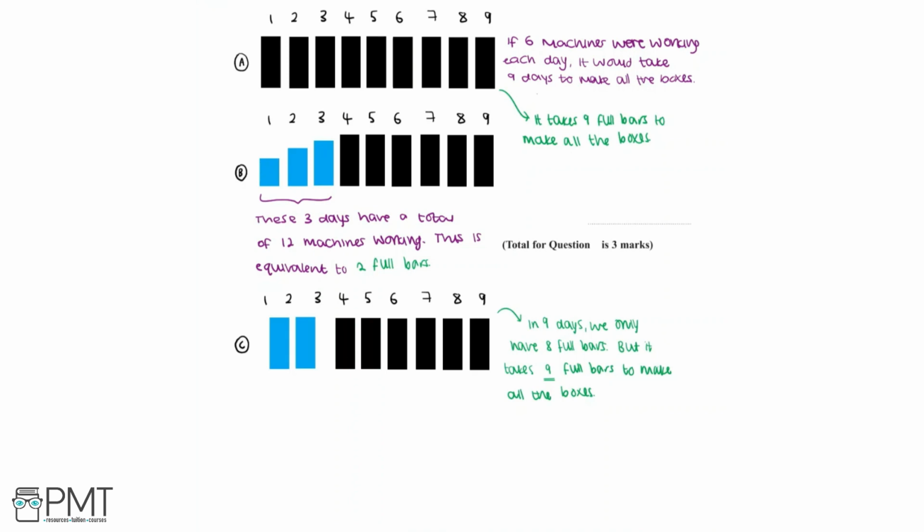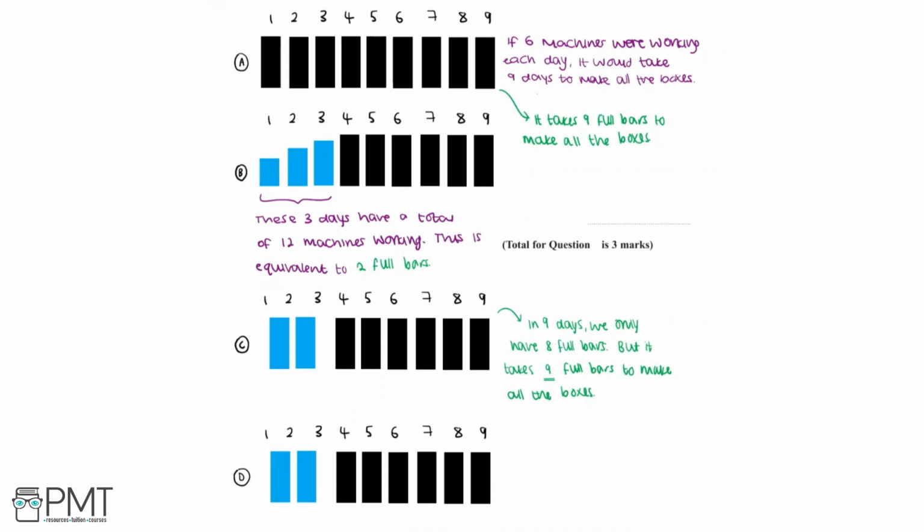And so we could show this in diagram D. So here we have day 1 to 9 exactly the same as diagram C. But if we add another full bar, we need another day. And so we need a 10th day to have 9 full bars. We said that it takes 9 full bars to make all of the boxes, and so we've now shown that we need 10 days in order to have 9 full bars and to make all of the boxes. And so we can say that it would take 10 days to make all of the boxes, which we can write down in the space provided.